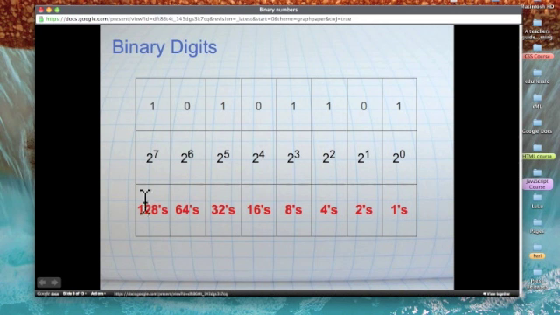So I have 1 unit of 128, 0 units of 64, 1 unit of 32, 0 units of 16, 1 unit of 8, 1 unit of 4, 0 units of 2, and 1 unit of 1.